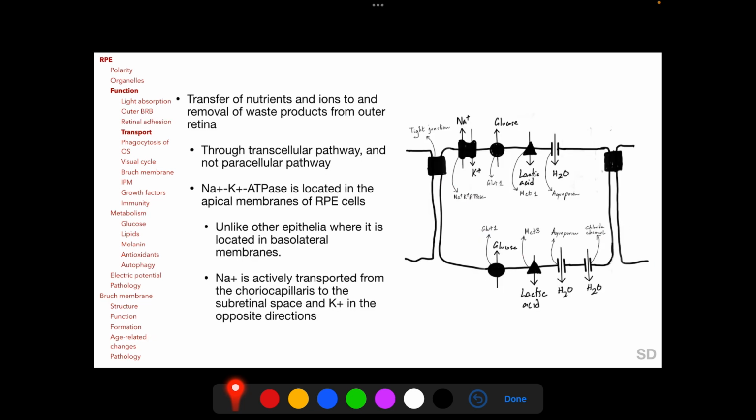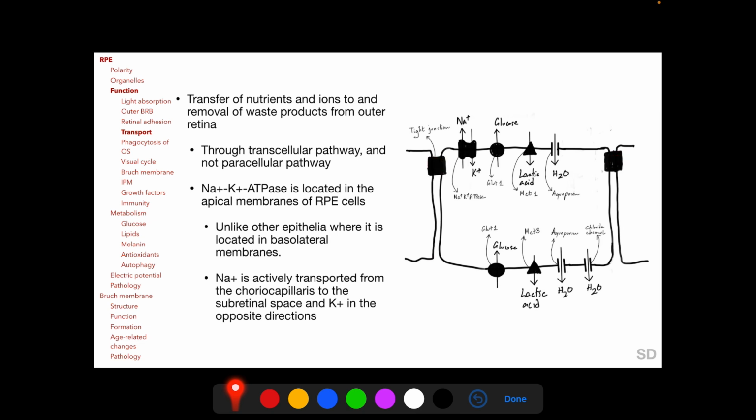The retinal pigment epithelial cell is responsible for transfer of nutrients and ions to, and removal of waste products from, the outer retina, and this occurs through the transcellular pathway but not through the paracellular pathway because of the presence of the tight junctions.